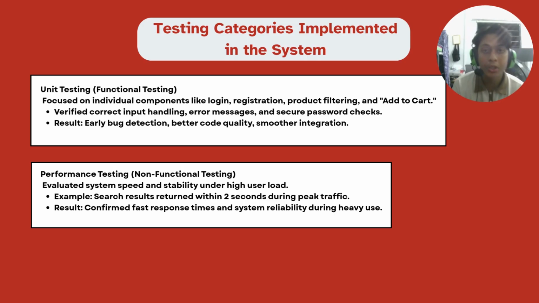Alright, to ensure CyberGo operates efficiently and provides a smooth user experience, two main categories of testing were implemented, which are unit testing in the class of functional testing and performance testing in the class of non-functional testing. These tests help verify the system functionality and its performance under various conditions.